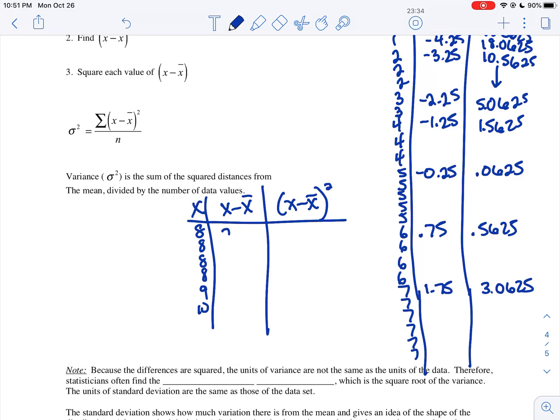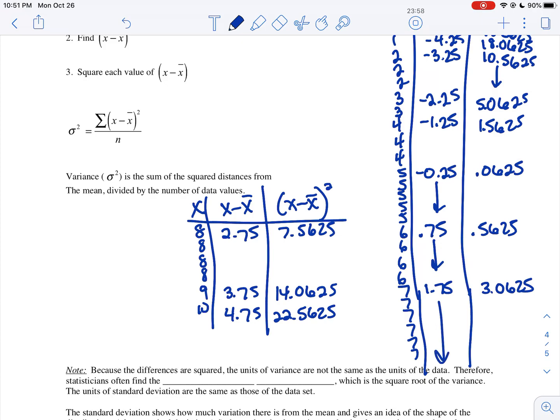For the 8, I got 2.75, and when I squared that, I got 7.5625. For the 9, I got 3.75, that's 14.0625. And for 10, that's 4.75, and I got 22.5625. Just keep in mind, I really am supposed to be writing those out, but it's a literal pain to do that. So this is super tedious.